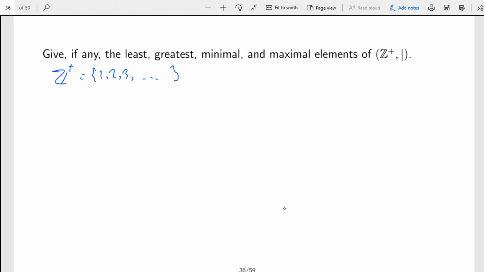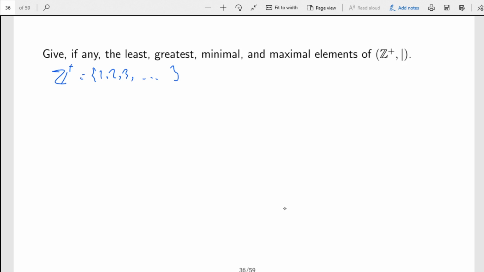We want to have the divisibility relation as the partial order. So we could try drawing some part of the Hasse diagram.